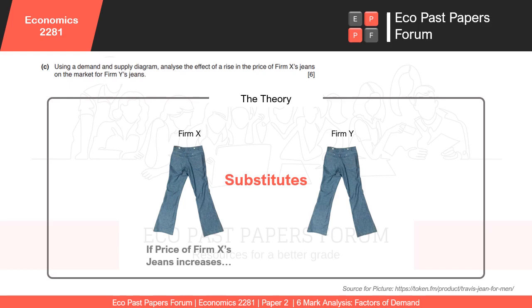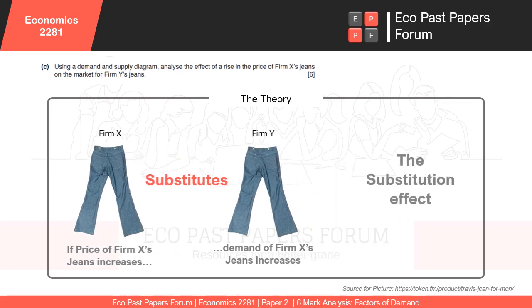There will be movement along its curve and people are going to shift to firm Y. The demand for firm Y's jeans will increase. The demand curve will shift forward for firm Y. And this is because of the substitution effect, which says that if the price of a product increases, people are going to choose its cheaper substitutes. The substitutes become cheaper and the demand for them will increase.